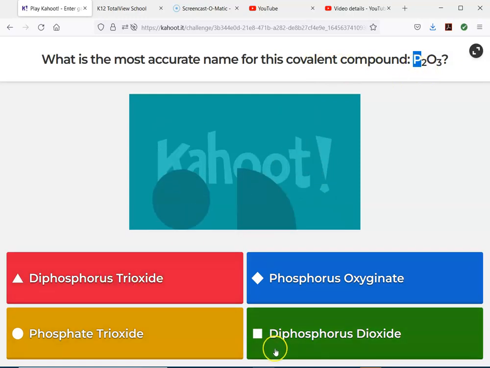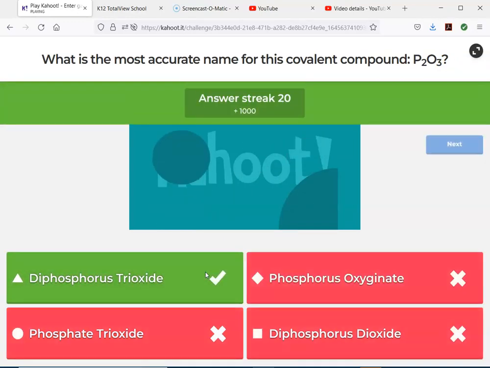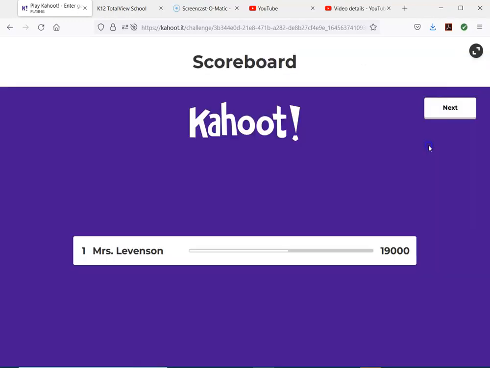Well, that would be red or green. And then we have oxygen. There's 3 of them. With covalent compounds, we have to use the prefixes. So tri, ox, and then we have to change the ending to IDE, trioxide. Diphosphorus trioxide.